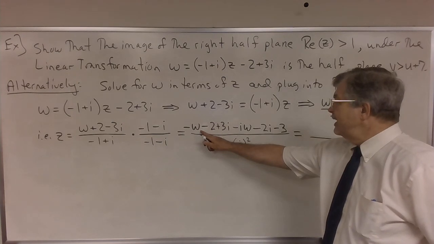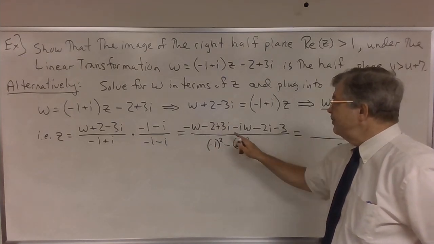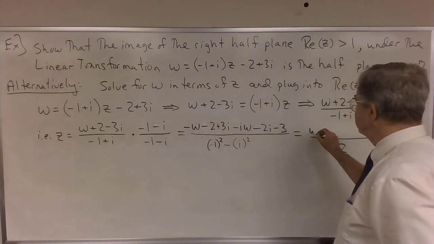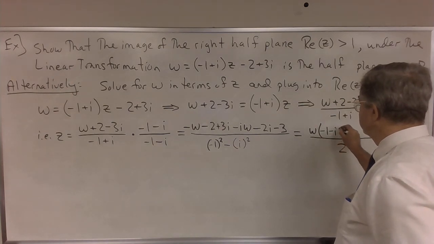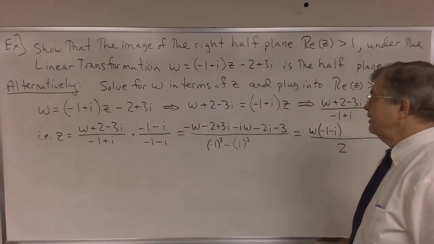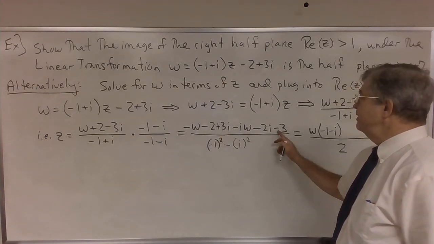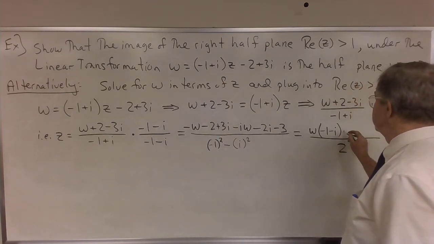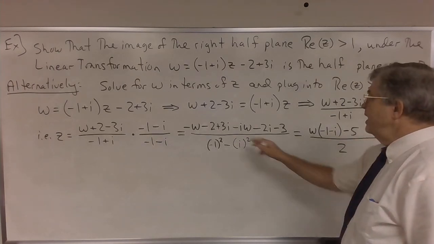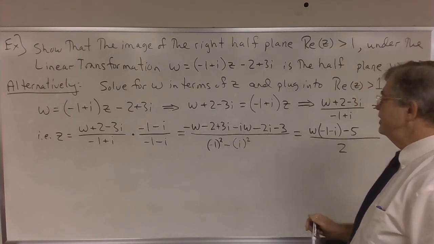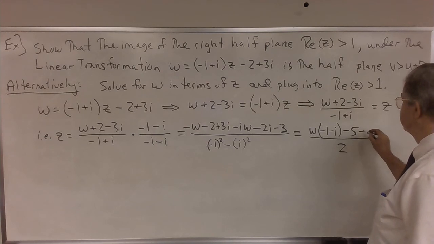Negative w, well, I have w times negative 1 minus i. And negative 2 minus 3 is negative 5. And 3i minus 2i is i.